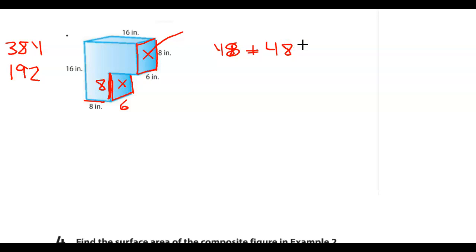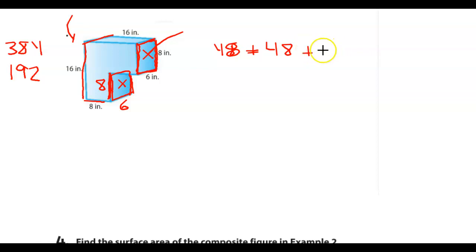All right, now let's not forget that we have this entire side over here that we can't quite see. That's going to be just a combination of this right here, which is 48, and this right here, which is 48. So we're going to do another 48 and another 48.